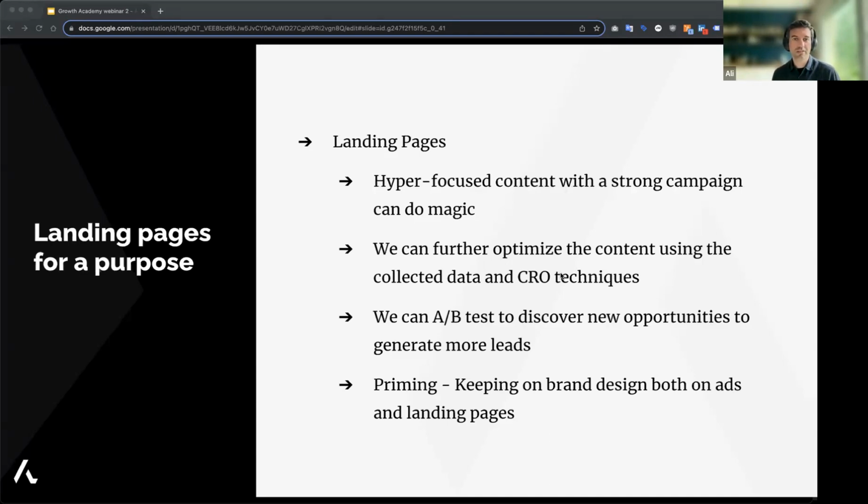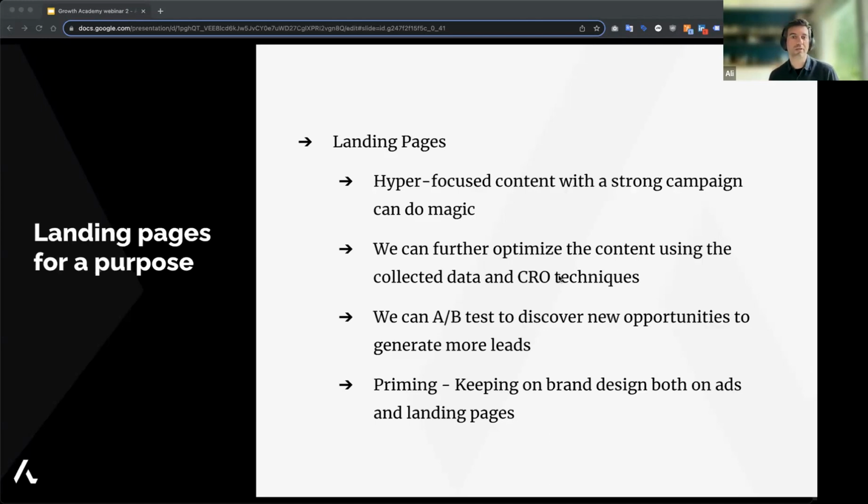We can also A/B test on these pages and in our advertising campaign and discover new opportunities, maybe improve things, or maybe try a new way of doing something if we notice that there is a pattern.